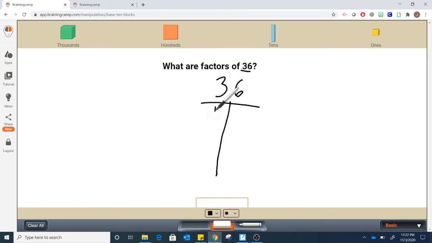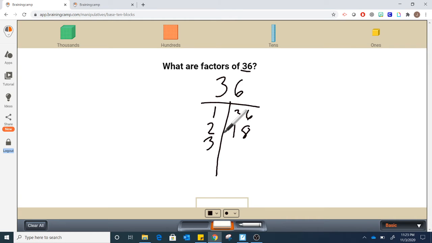So 1 in itself is always a great place to start because 1 times 36 equals 36. So 1 and itself is always going to be a factor. Some other factors are, because I know it's an even number, 2 is going to be a factor. So 2 times 18 is 36.